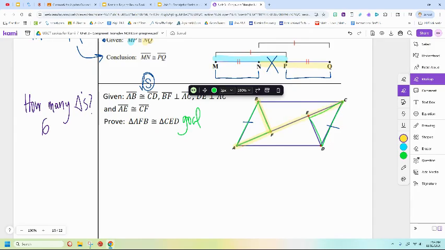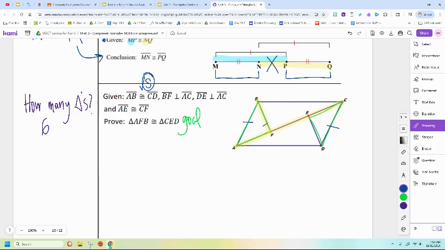Okay, so there's our perpendicular lines, but where is the angle from perpendicular lines? From that, I want to mark this angle right here with a 90-degree angle. So perpendicular gives me 90-degree angles, which means I might be going towards an angle, or I might be going towards HL, which means I might need right triangles if I'm going towards HL.